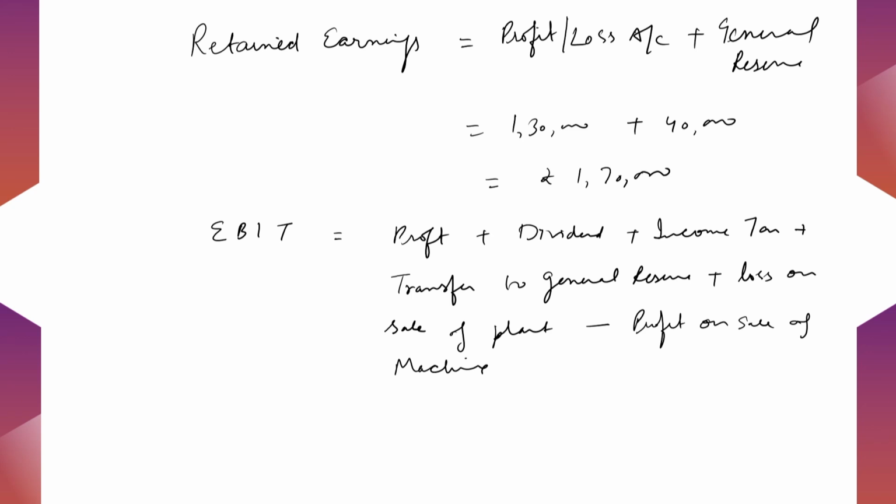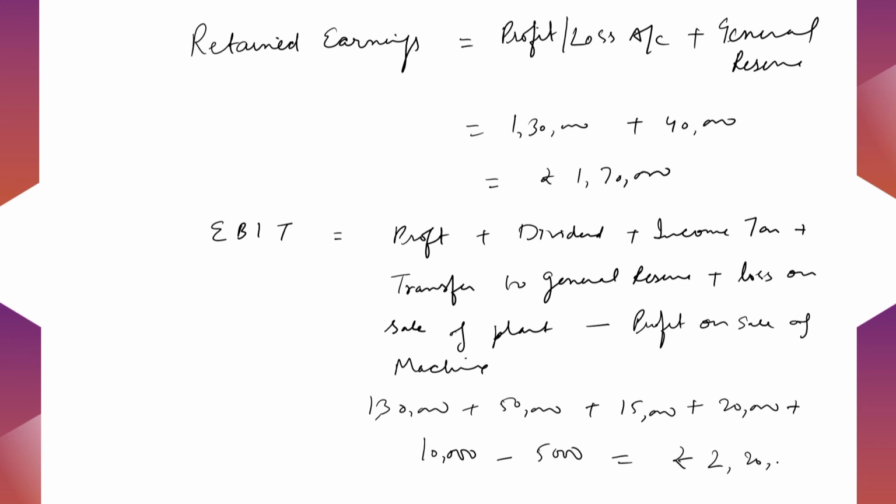So taking these figures: 1,30,000 is the profit as given in the balance sheet, plus dividend 50,000, income tax 15,000, transfer to general reserve 20,000, loss on sale of plant 10,000, and minus the profit on sale of machine 5,000. So our EBIT is going to be rupees 2,20,000.